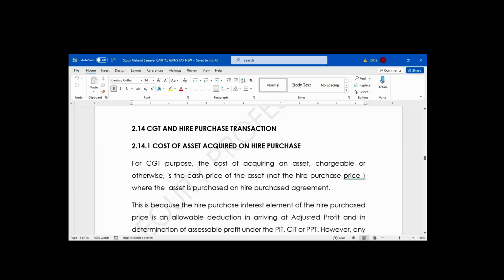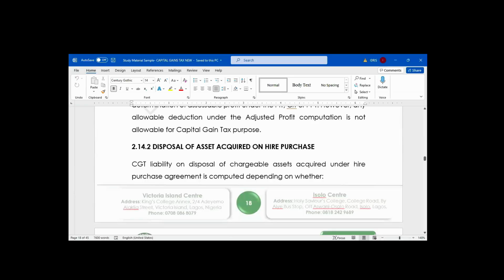You are not going to recognize the interest element because it is not allowed under capital gain tax transaction. That interest element will be treated as an allowable expense in determination of your assessable profit under your personal income tax, company income tax or petroleum profit tax.